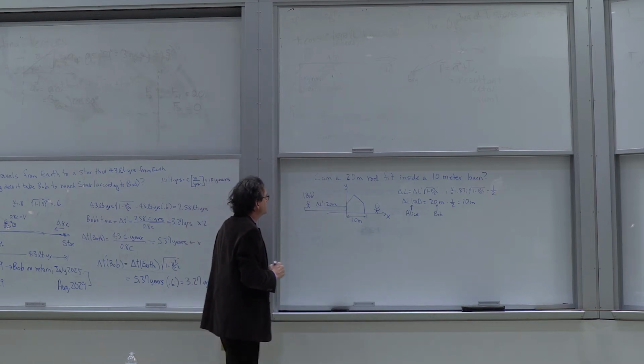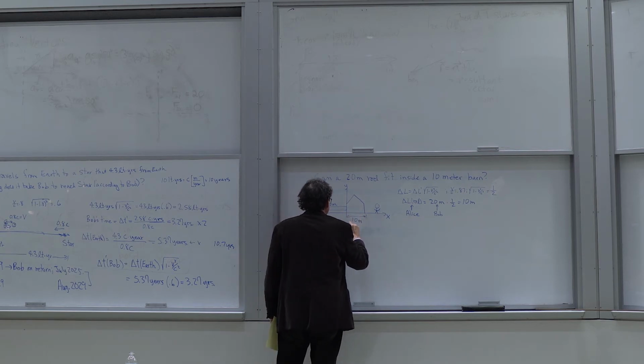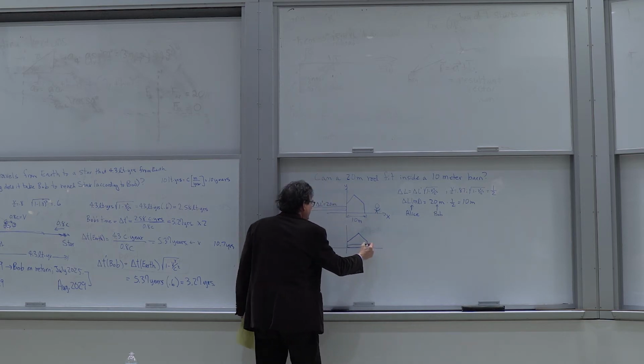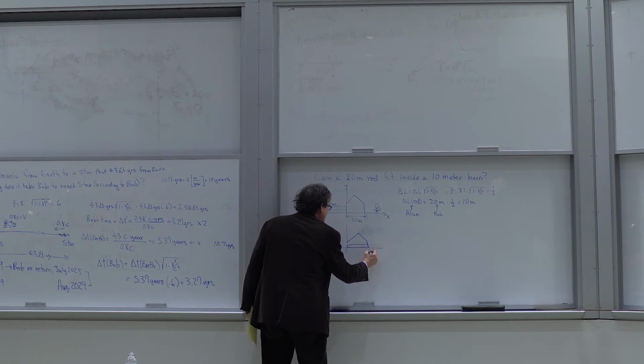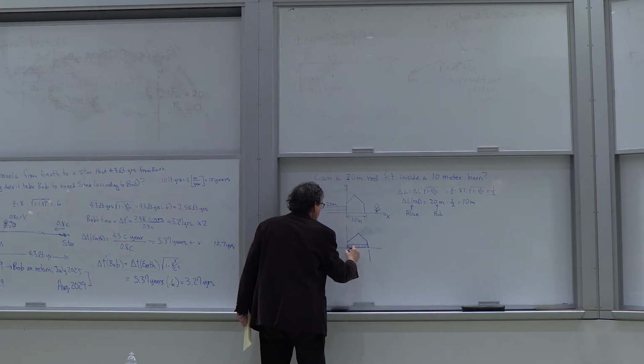So her experiment is, she has a light sensor on both sides of the barn. And what she observes, by the length contraction, is that when the right end of the rod reaches the right end of the barn, a light goes off, and when the left end of the rod reaches the left end of the barn, a light goes off.